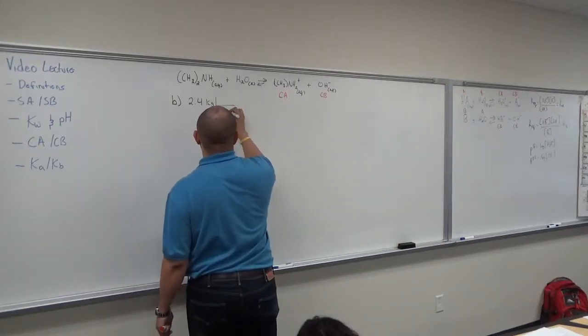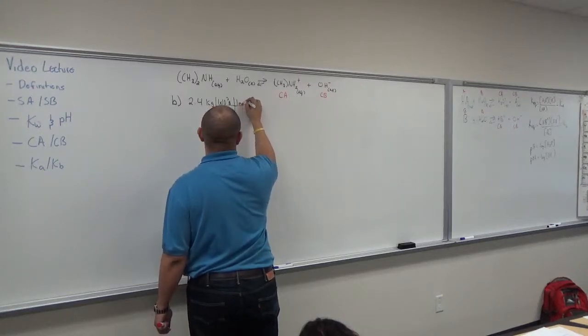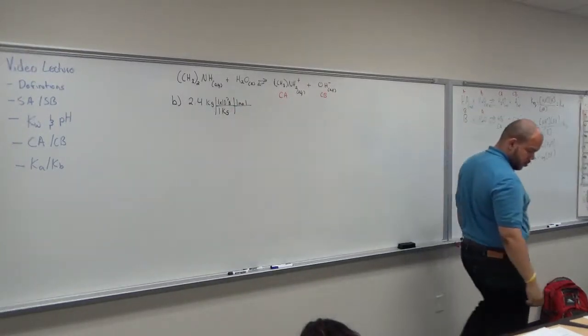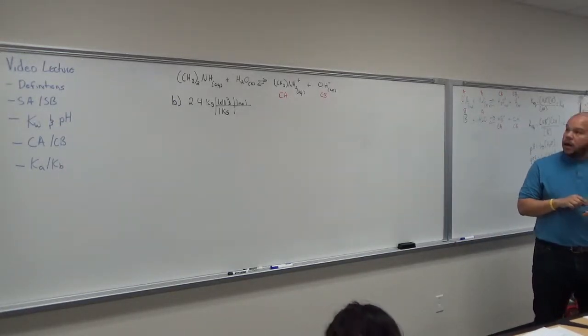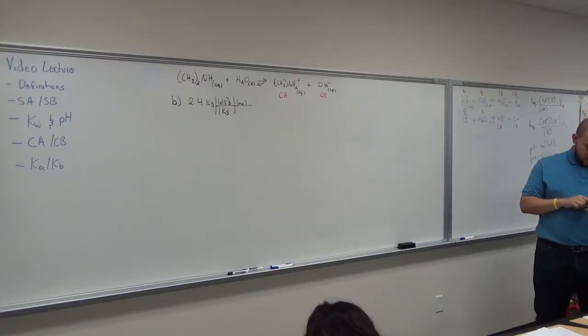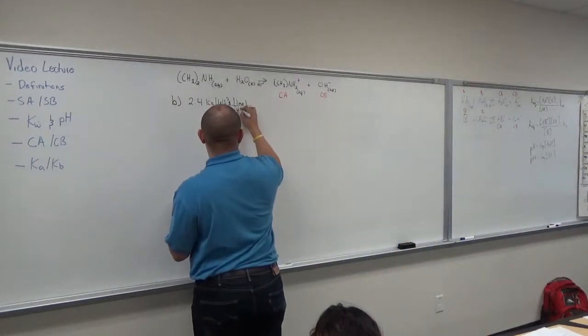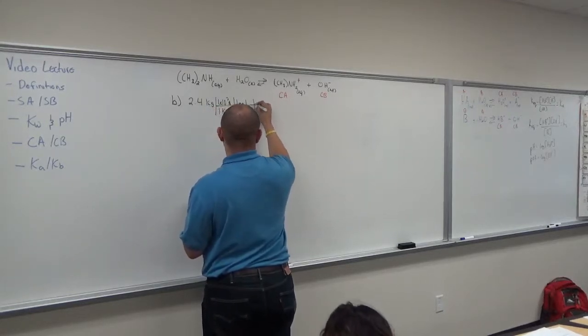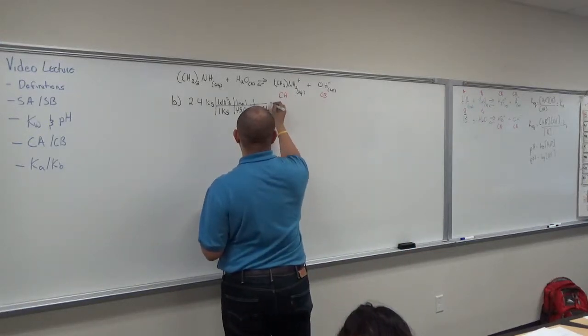So we got 1 kg is equal to 1 times 10 to the 3 grams. 1 mole is equal to, so we got 12.01 plus 3.01 times 2 plus 14.01 plus 1.01, should be 45.06 grams, and then this is divided by 6.5 liters, and then we get a concentration.